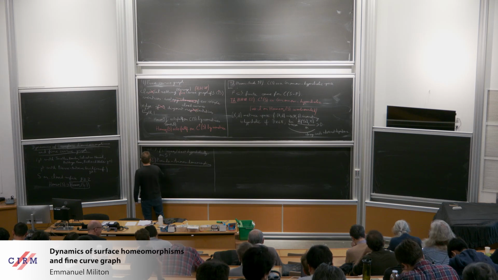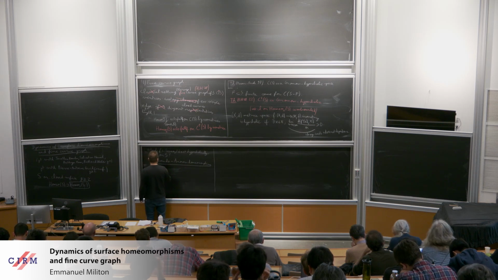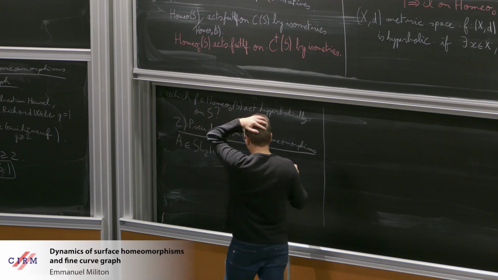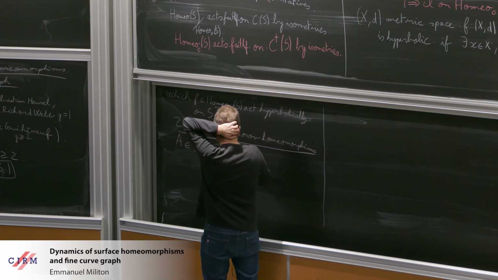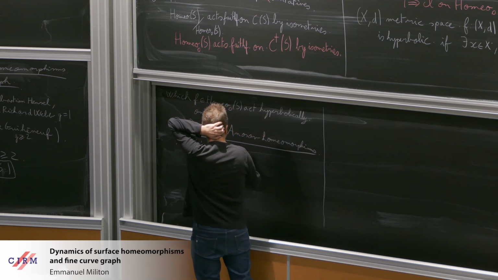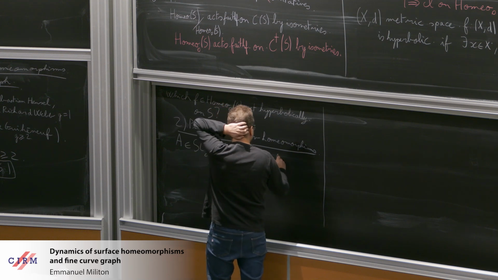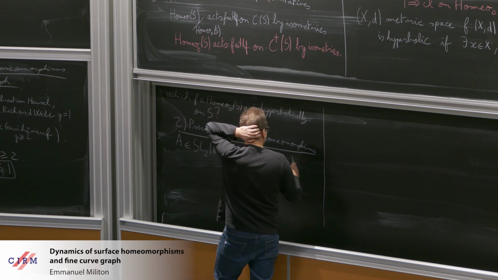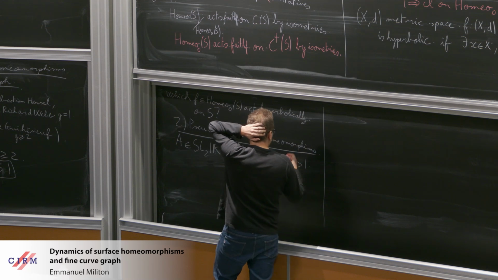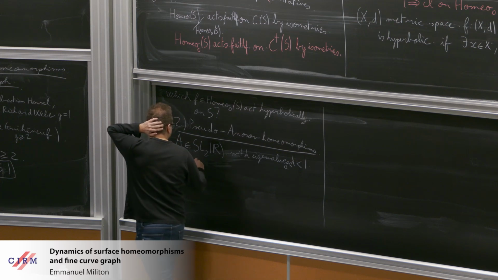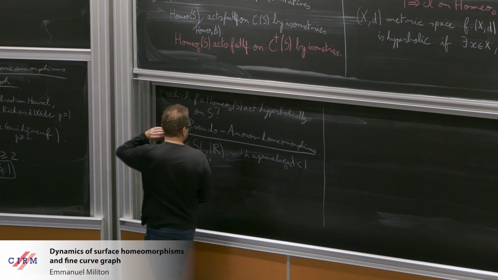If you take a matrix in SL2 of R, I start with Anosov homeomorphisms, with eigenvalues lambda real between 0 and 1, and lambda minus 1.